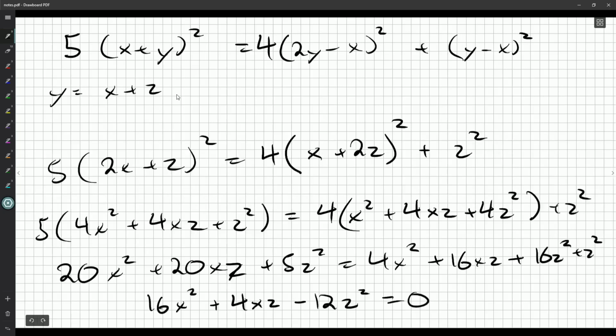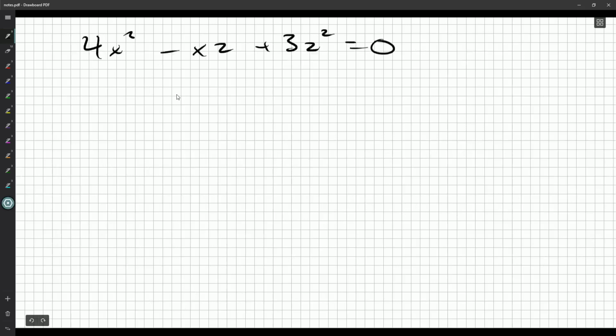Definitely divide by 4, so 4x squared plus xz minus 3z squared is equal to 0. Sorry, this should be a plus, and this one should be the minus.